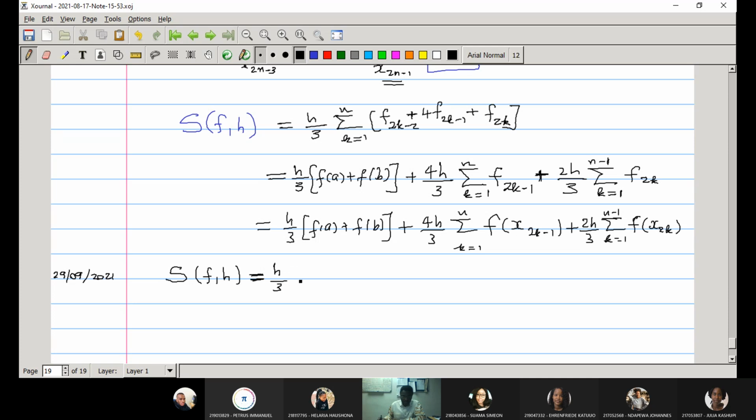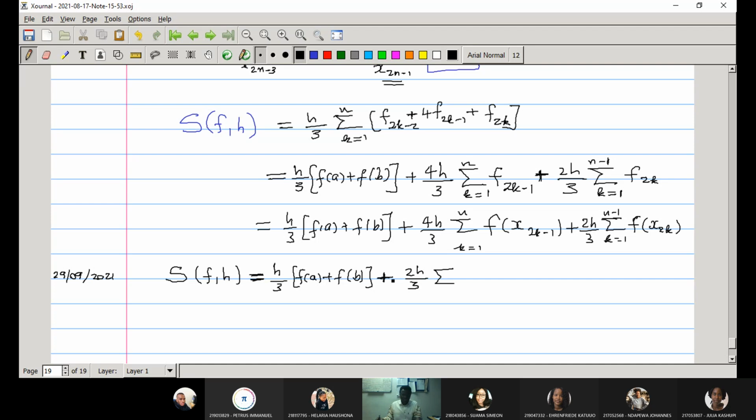Okay, so we have this one: h by 3 times f of a plus f of b, plus, we can take this one if you want, we can change the position, it doesn't matter, the result is still the same, 2h by 3 times the summation. So the factor of 2 is for the even subscript, as we saw.